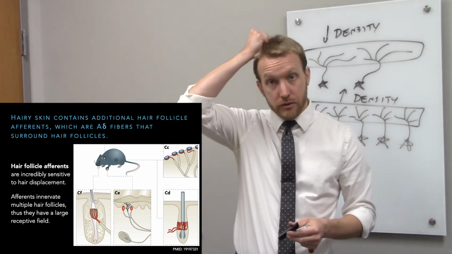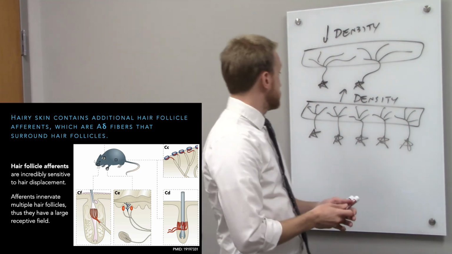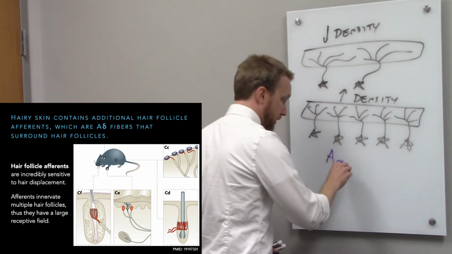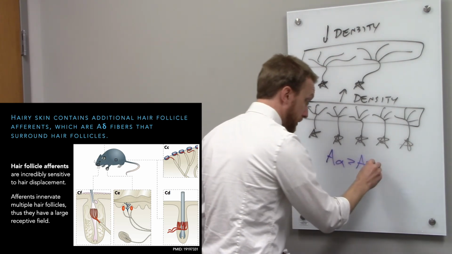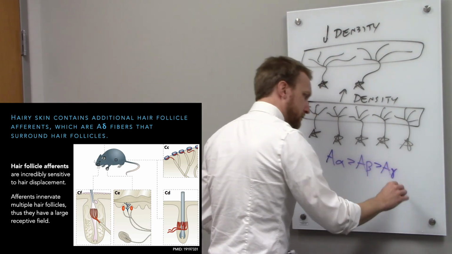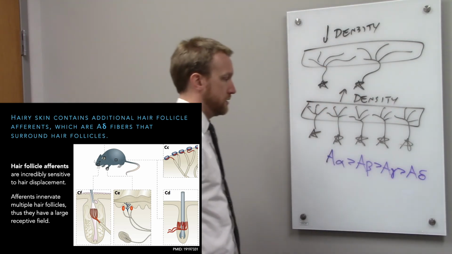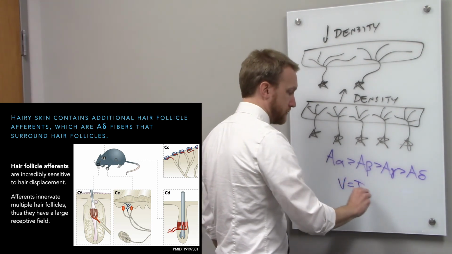And of course, you can get some pain if you pull on your hair, but the A delta fibers are a little bit smaller. So we got, and of course this is in the table, as far as size goes, alpha, bigger than beta, gamma, then we got delta, smaller.